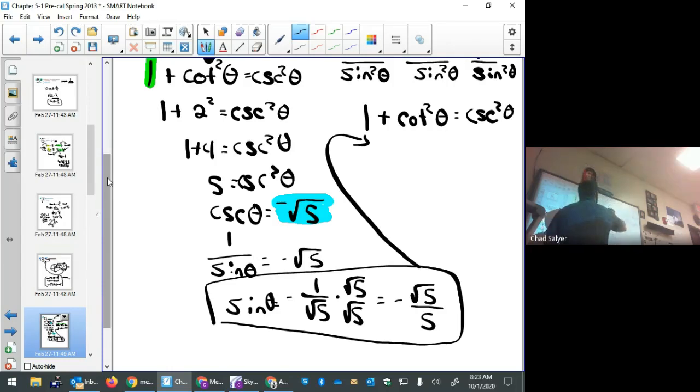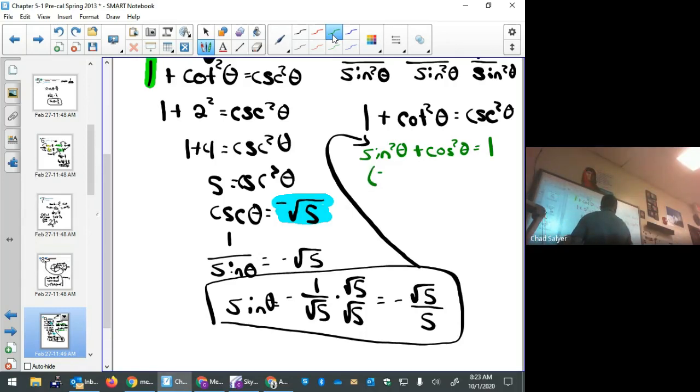So going forward, if we want to solve this, continuing to use only chapter 5 techniques, we know that sine squared theta plus cosine squared theta equals 1, going back to the original identity. And here I know sine squared theta is going to be negative radical 5 over 5 squared. And so that's going to be negative 1/5, no, positive 1/5.